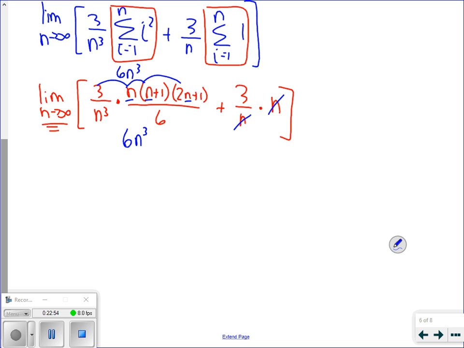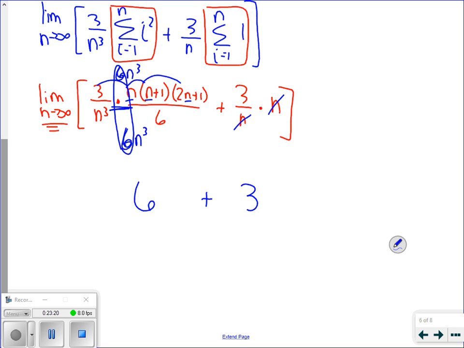And if that's the case, if the leading term on top is n cubed and the leading term on bottom is n cubed, then by our n behavior rules, it's just going to be the leading coefficients, right? So if I take the limit as n approaches infinity, the limit of this first rational is just going to be 6. And over here, it's just 3. Oh, I'm sorry. 6 divided by 6.